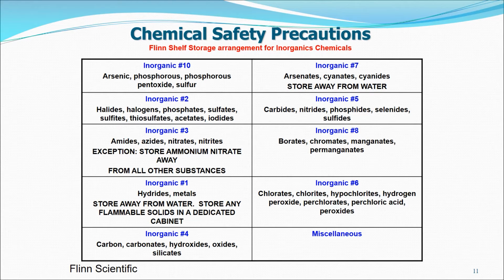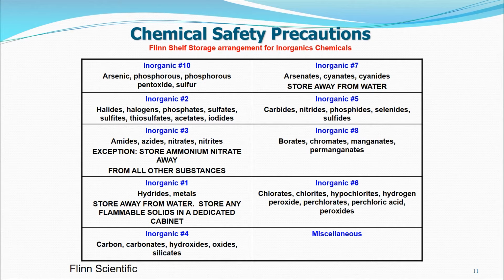Going down, you would label the next shelf inorganic number 2 items: halides, halogens, phosphates, sulfates, sulfites, thiosulfates, acetates, and iodides. And on that shelf, you would store your halides, halogens, phosphates, sulfates, sulfites, thiosulfates, acetates, and iodides.